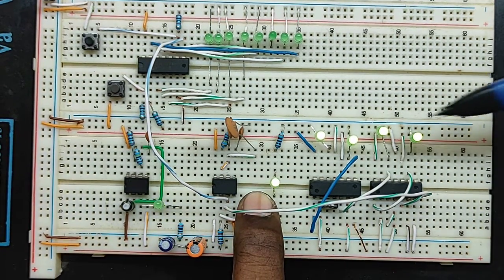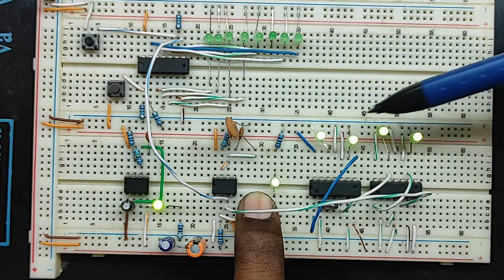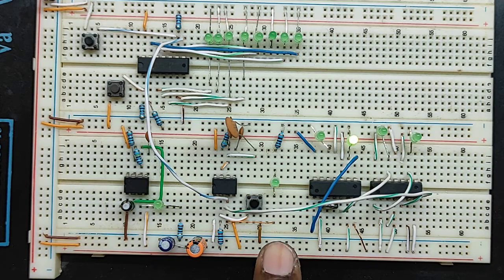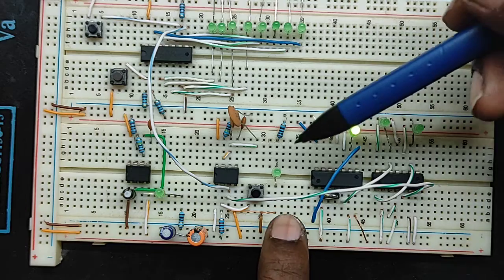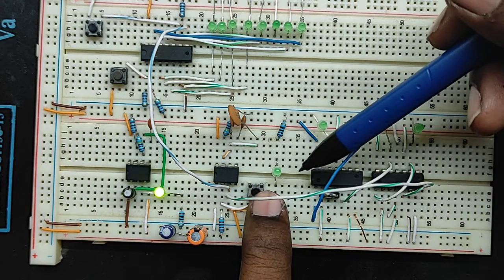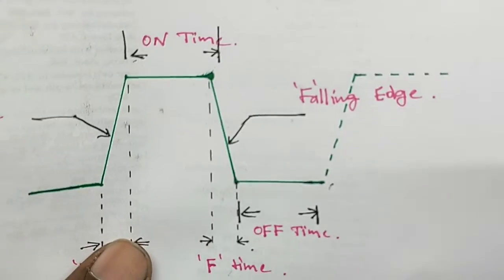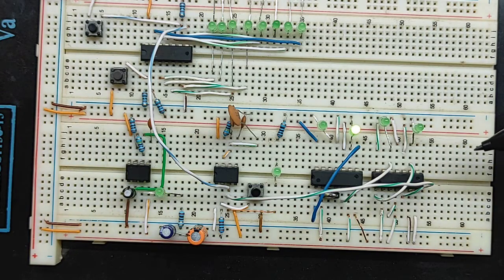When we press this button, nothing happens. Now I am releasing this button. The binary is changed, because when we release this button, the LED goes from 5 volts to 0 volts. It means falling edge. Then the digital circuit is triggered.